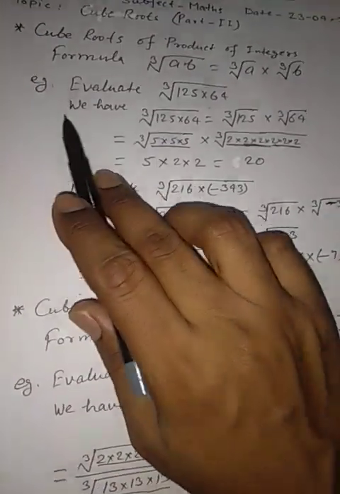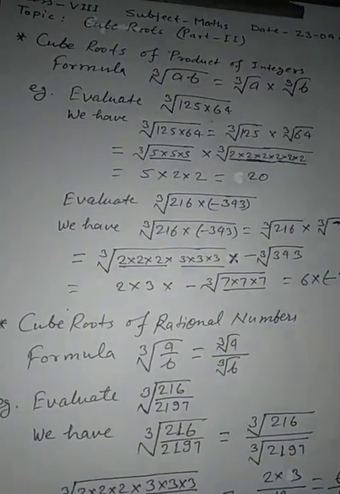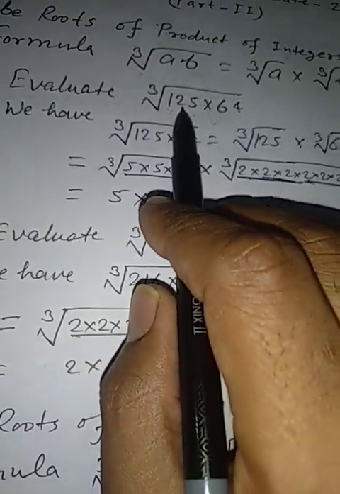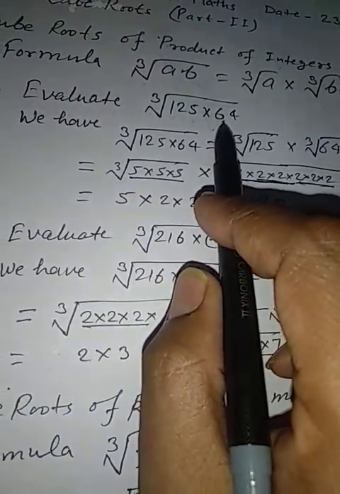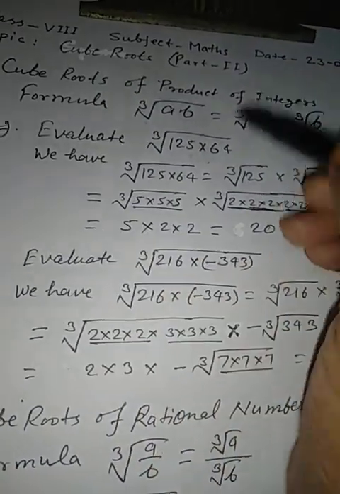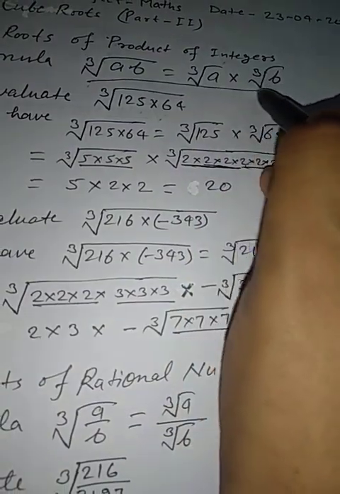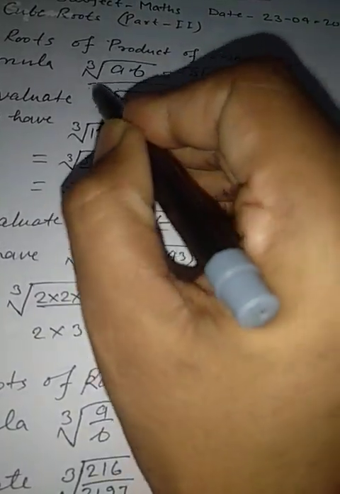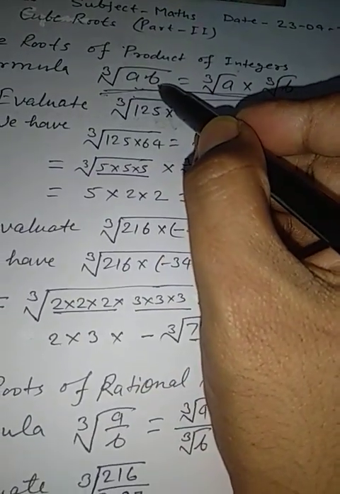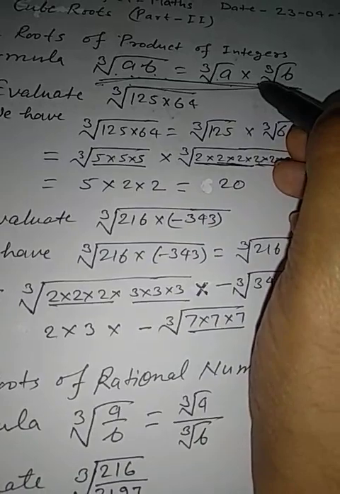For this, we are taking one example. Evaluate cube root of 125 into 64. For this, we have to keep in mind this formula: a and b are two integers, and cube root of a into b equals cube root of a into cube root of b.